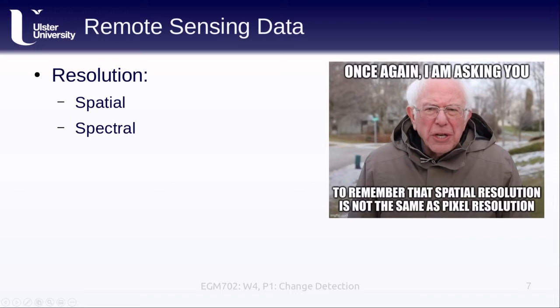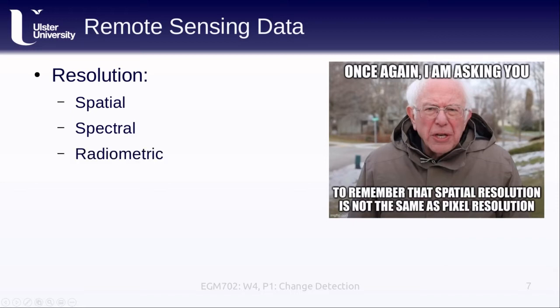So if we're looking for certain changes and we know to expect those changes to be more obvious in certain spectral bands, we want to make sure that our sensor is actually observing those spectral bands. If we're comparing images from different sensors, we want to make sure that those spectral bands from each of those sensors line up so that we can actually compare the changes from one time to the next.